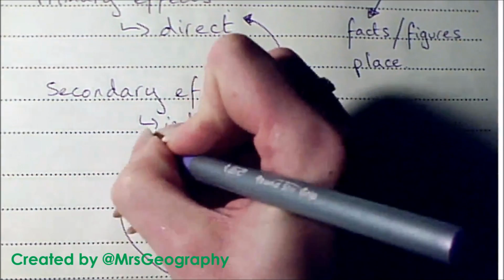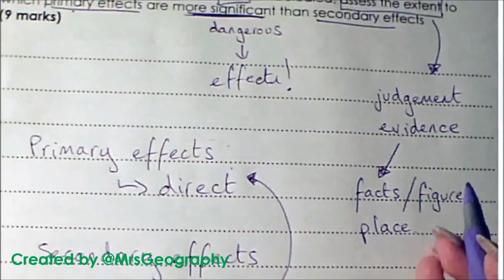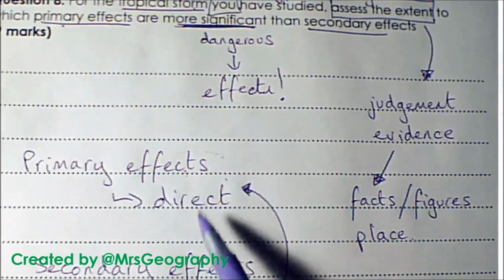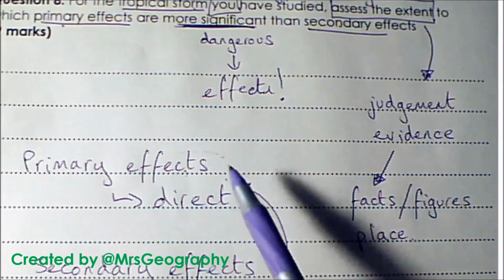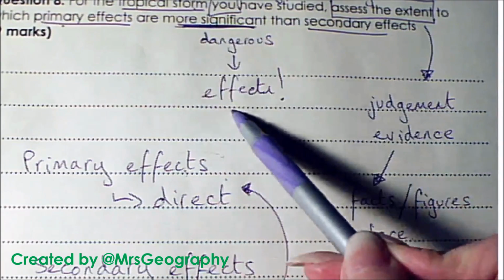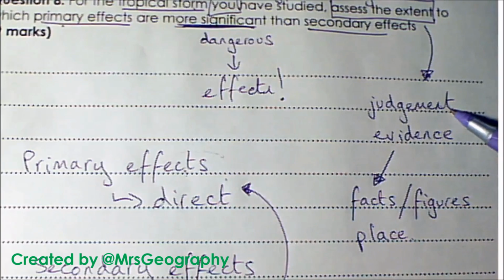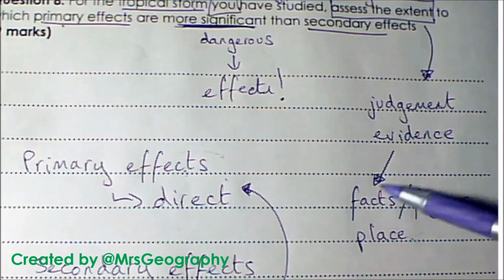So we need to apply all our knowledge of primary effects, secondary effects. Which one is more dangerous? We have to make a judgment. We have to provide evidence. We have to give facts and figures.